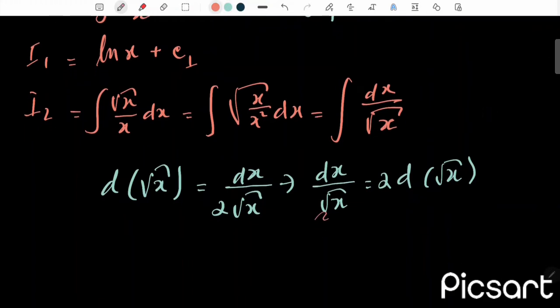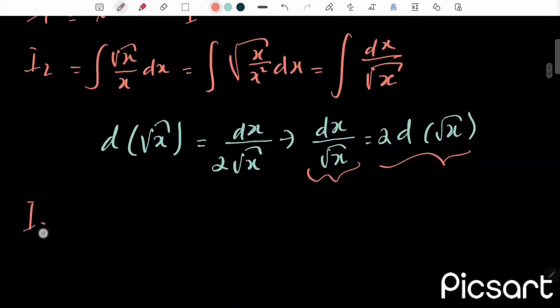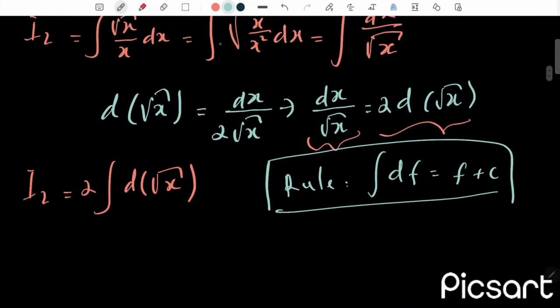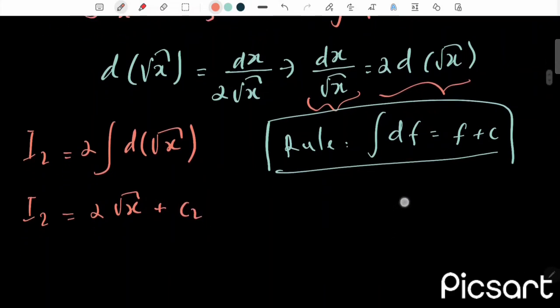Then we will substitute this term by this one, and I2 will be equal to 2 times the integral of d of square root of x. From here we can apply the following rule: the integral of d of f is equal to f plus c, and our integral I2 is equal to 2 times square root of x plus c2.